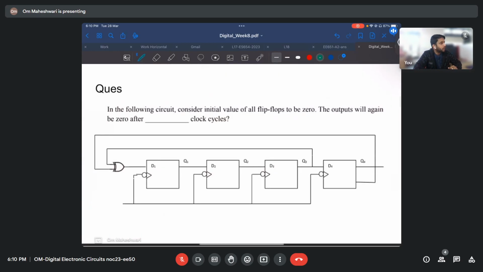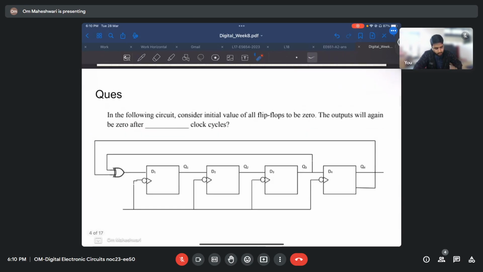Next we have this question. In the following circuit, consider the initial value of all flip-flops to be 0. The outputs will be again 0 after how many clock cycles? Initially all are 0, 0, 0 and 0.